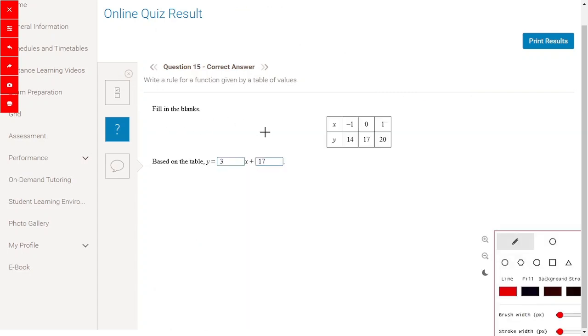Question number 15, fill in the blank. We have the table of x and y, and based on the table, y equal to something x plus something. So as we said before, we can use the equation y equal to ax plus b, and a is the slope and b is the constant.